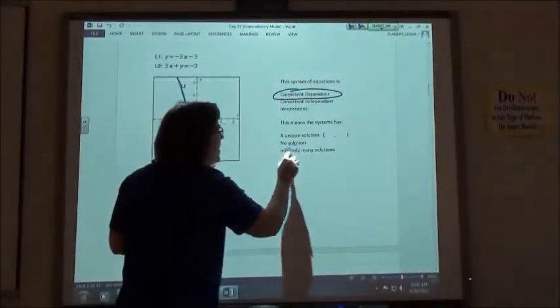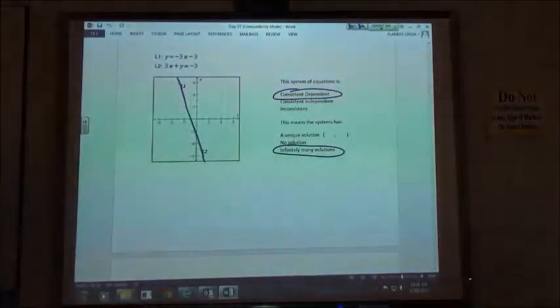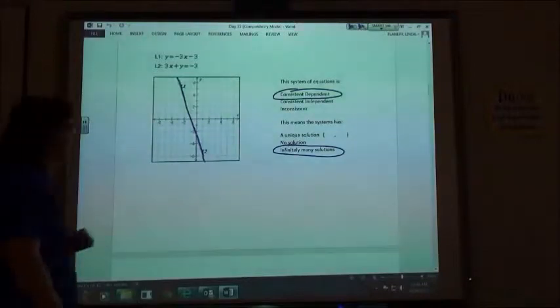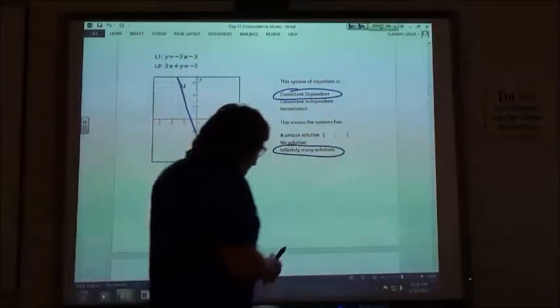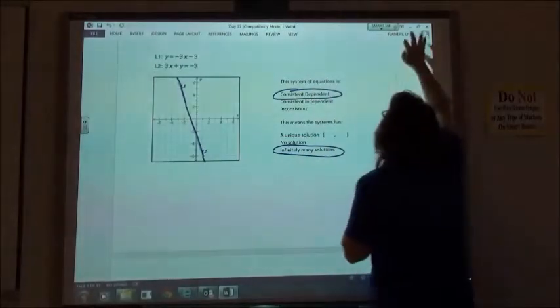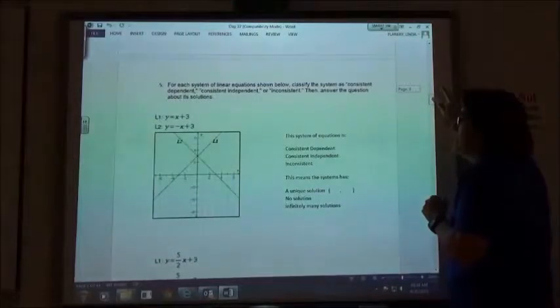And they're going to have infinitely many solutions because every single point on line 1 matches up with every single point on line 2. And there's a whole ton of points on those lines. So they say, oh, there's a whole lot of solutions there. So that's what you're going to see. One of each kind, and you're just going to pick what kind it is and how many solutions you have. And if it is a unique solution, we're going to name what the solution is.